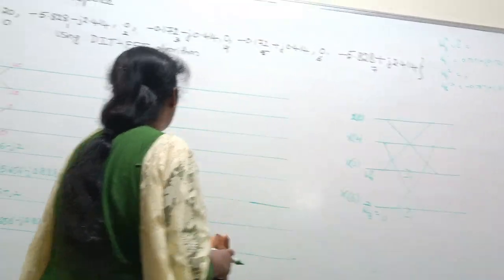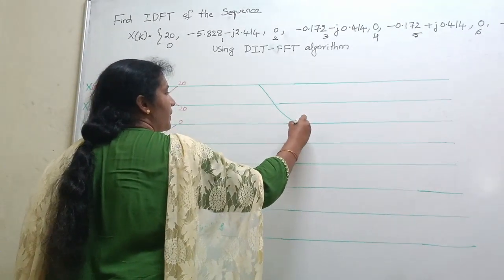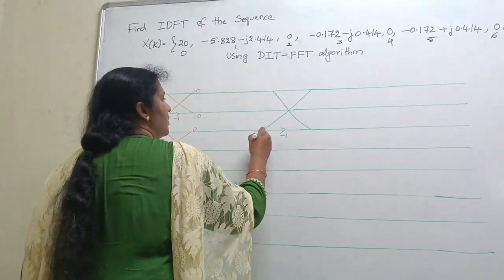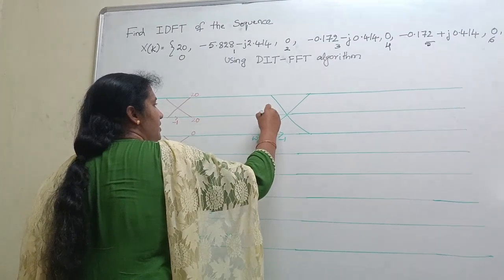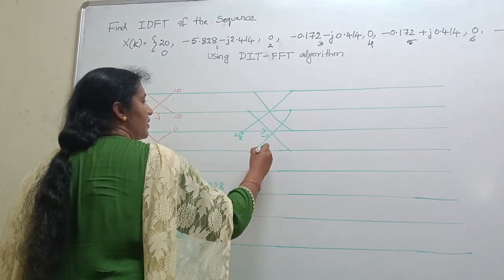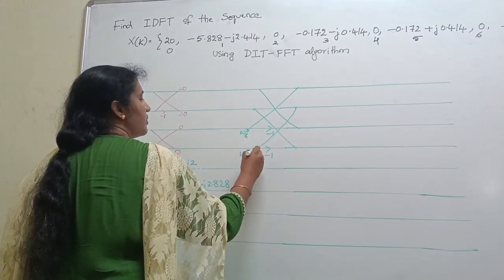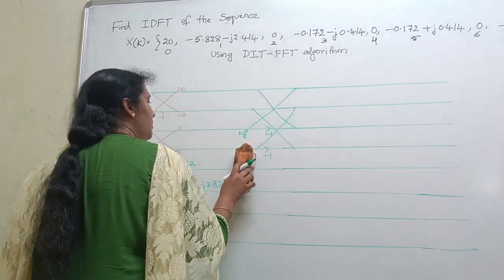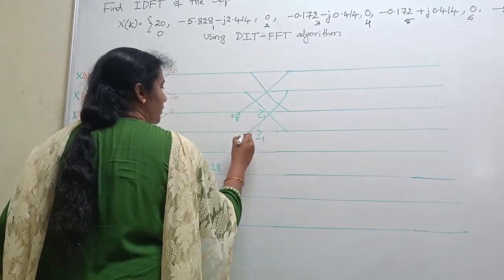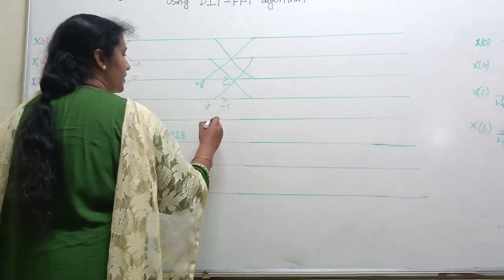Now let us compute here. This is first W8^0. Next from this point, -1 and W8^2, which is equal to J. So we have to multiply with J. Similarly, here also we will write the 4-point DFT.